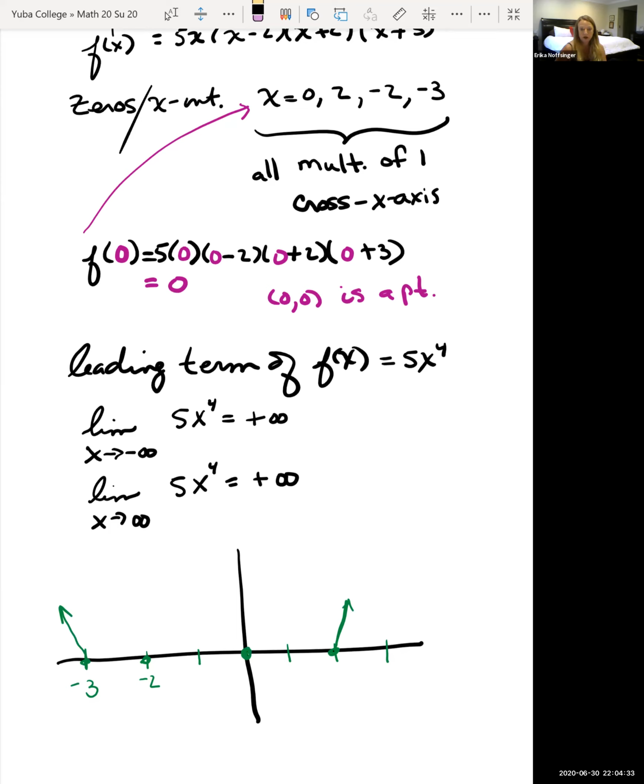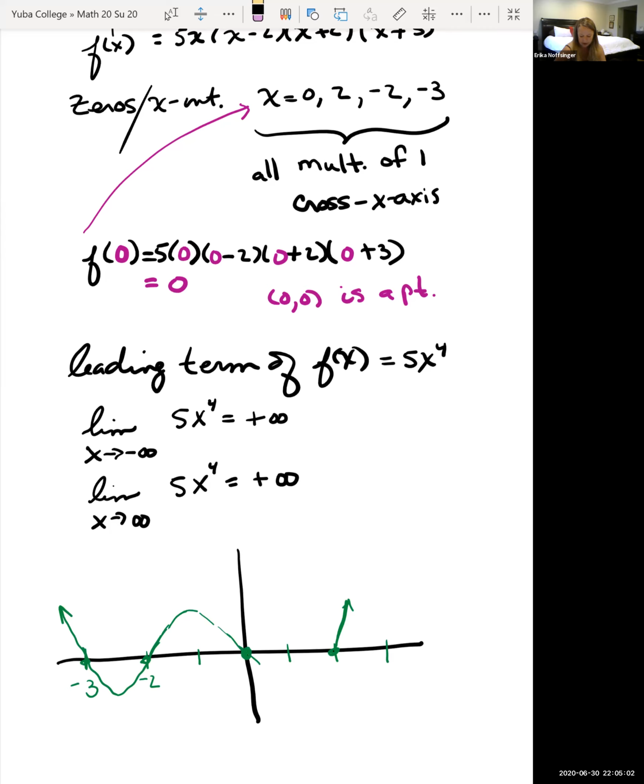And we also know that they were crossing our x-axis here. So somewhere in between -3 and -2, it has to turn around to hit that and cross the x-axis again. Somewhere in between -2 and 0, it has to turn around, I don't know where, and hit this x-axis again at 0, 0.